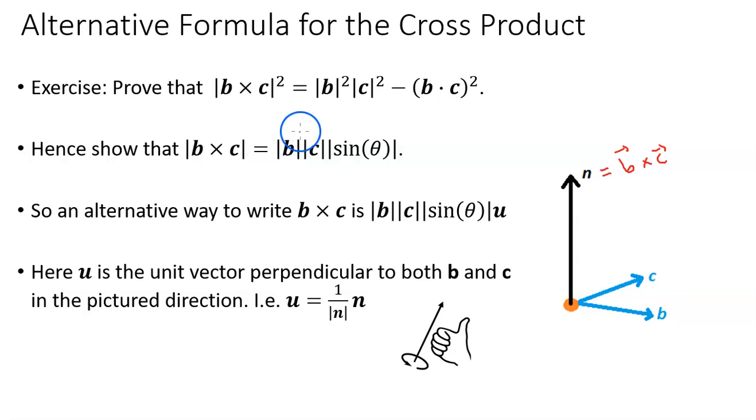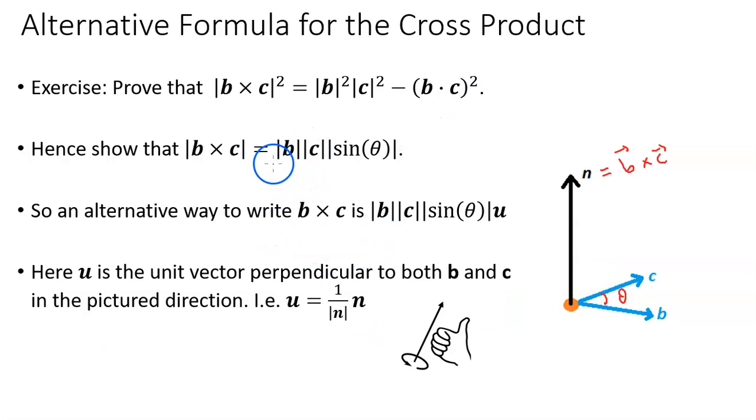which is pretty quickly and obviously equivalent to the length of b cross c being equal to the length of b times the length of c times the absolute value of sine of theta, where theta is the angle between b and c in the plane spanned by b and c.